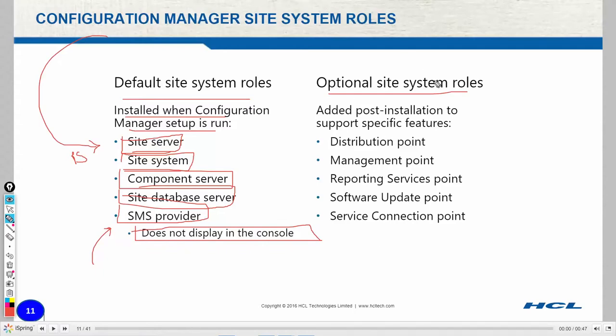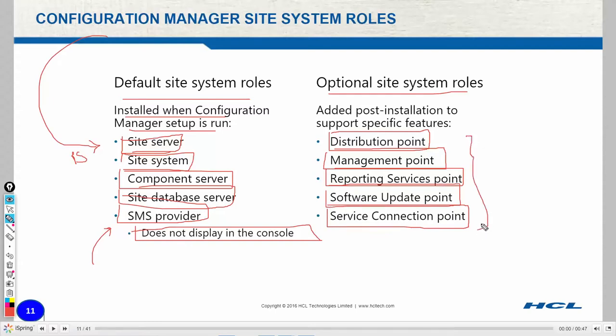Then we have optional site system roles. We have distribution point, management point, reporting service point, software update point, and service connection point. These are optional, but that doesn't mean we don't need to install them. They are required for your respective services. For reporting, the reporting service point is required.